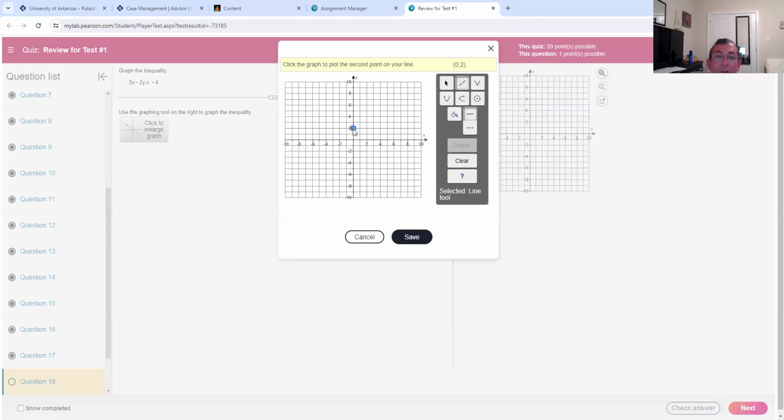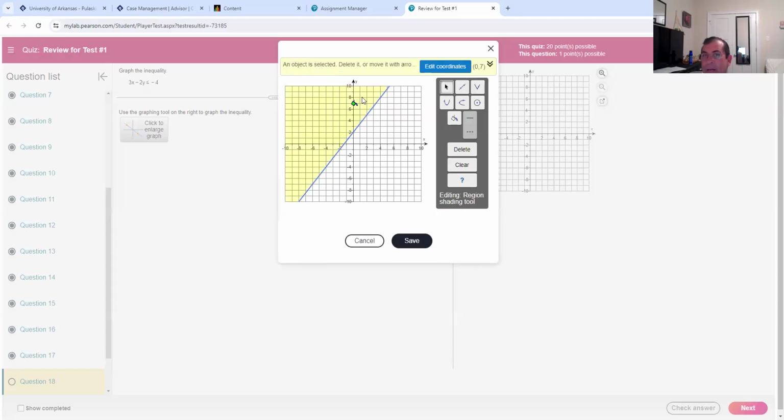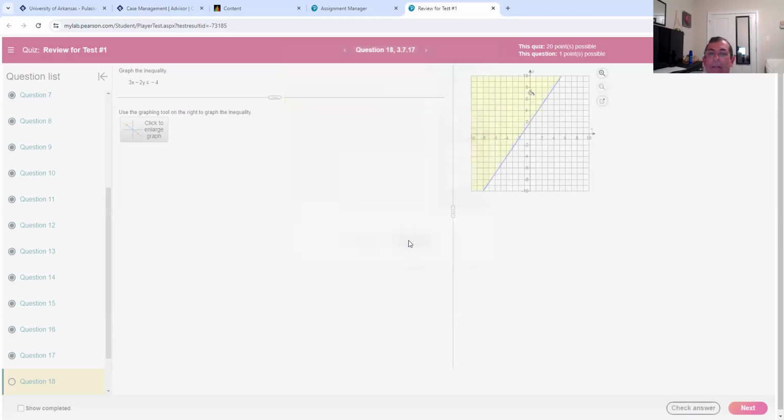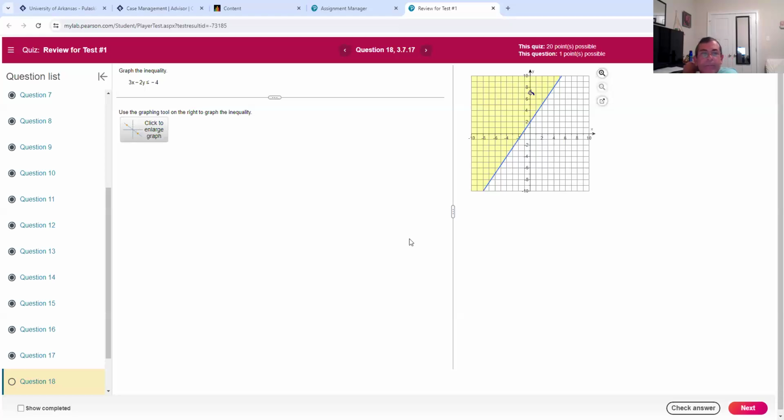My second one was 2, 5. So go right 2 and up 5. So there's my line, solid. Now to shade above it, I'm going to click on this paint can over here, and then I'm going to click above the line and let it shade it. At that point, I can save my graph, okay?